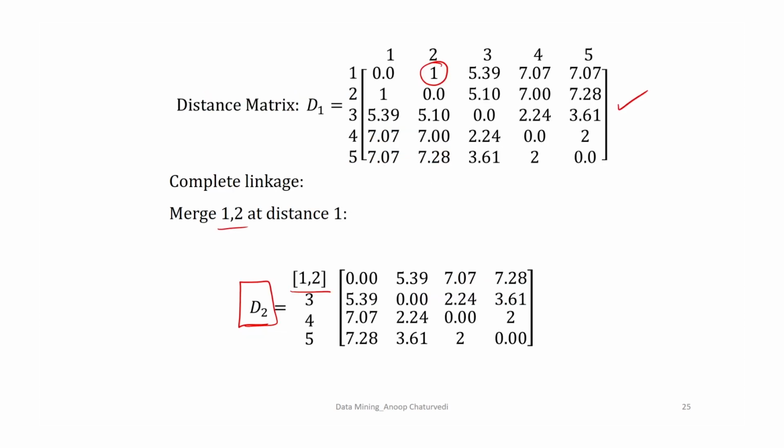For calculating the distances between 1,2 and 3, 1,2 and 4, 1,2 and 5, we have used the maximum of the distance between 1 and 3 and the distance between 2 and 3, and so on.